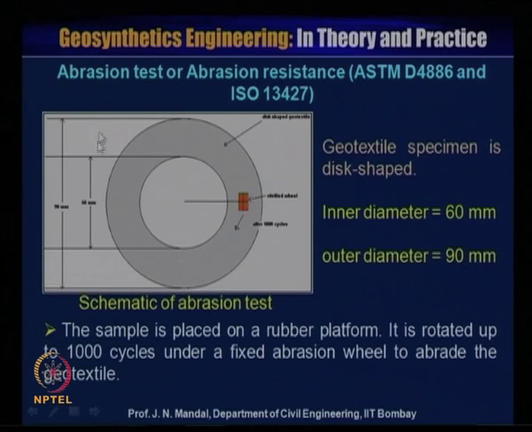The geotextile specimen is disc shaped like this, and the sample is placed on a rubber platform and rotated up to 1000 cycles under a fixed abrasion wheel to abrade the geotextile material.